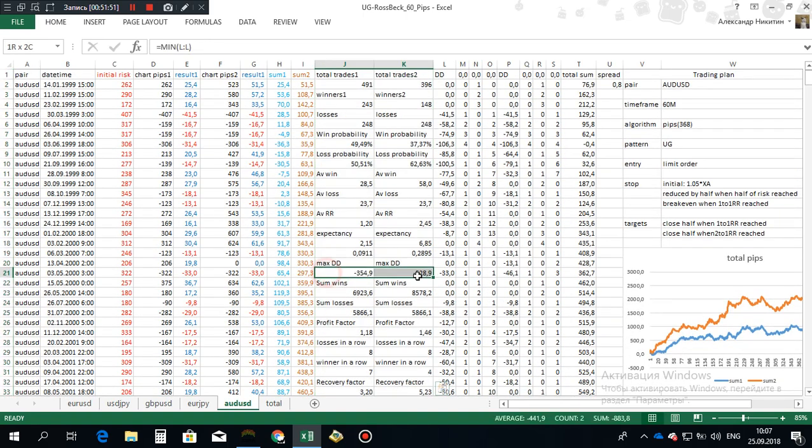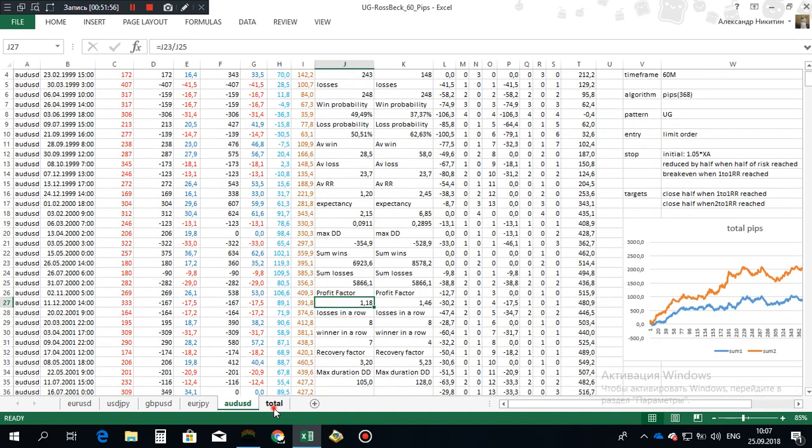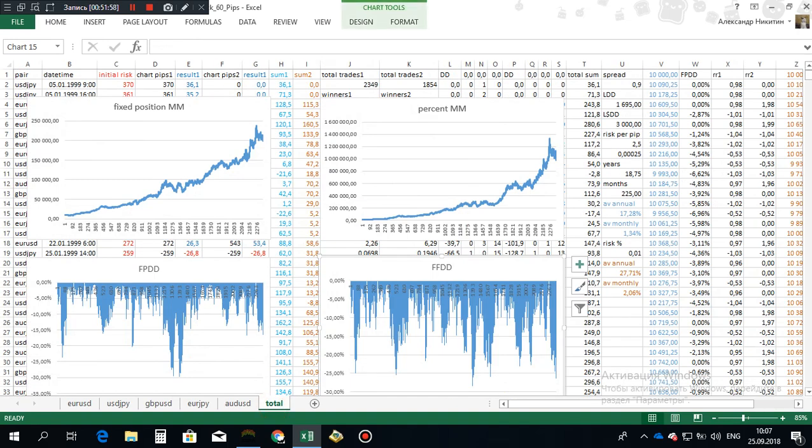It will give you maximal drawdowns, expectancy, profit factors, and so on. Just substitute your own time, initial risk, and chart pipsage, and the rest will be calculated. And of course, chart pipsage for target 2. If you use one position, then you only need this. If you use 2, then you also need this as well.